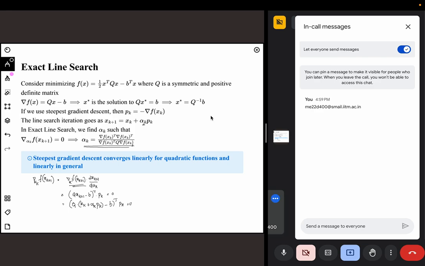Let's just take the other one. It will be qxk minus p plus q alpha k pk times pk transpose. So qxk minus p is basically my del f.